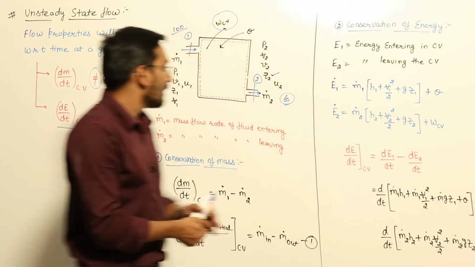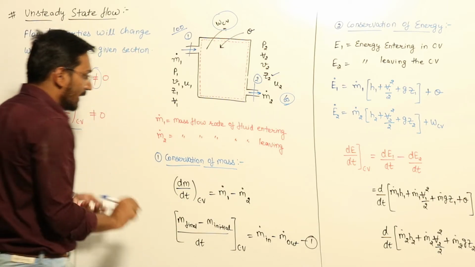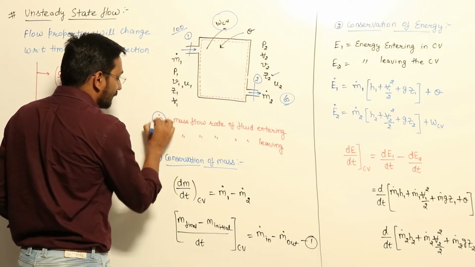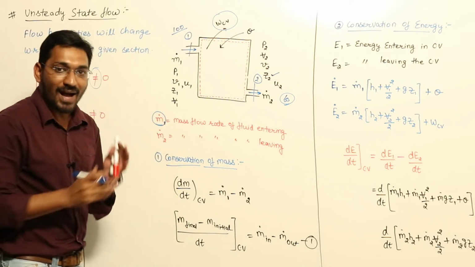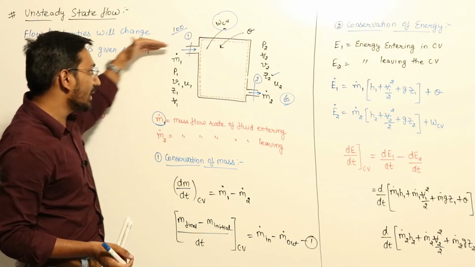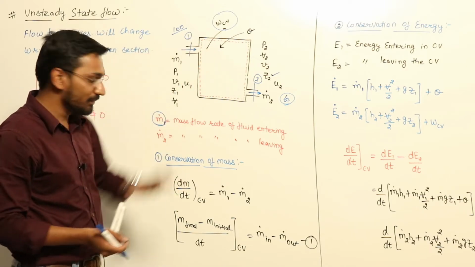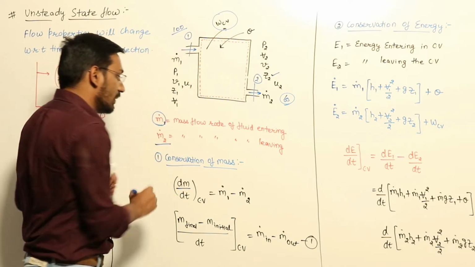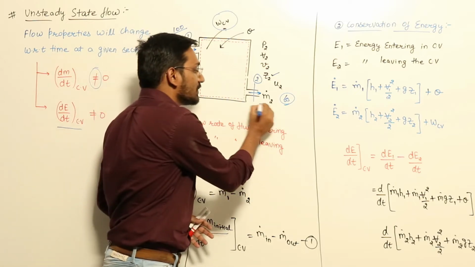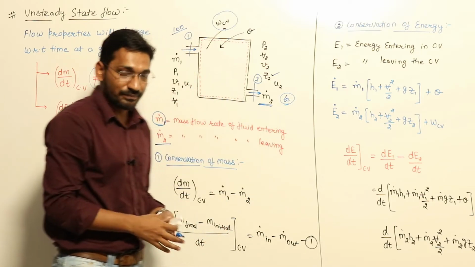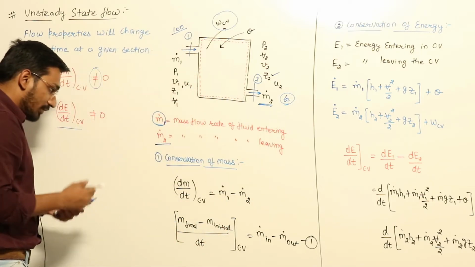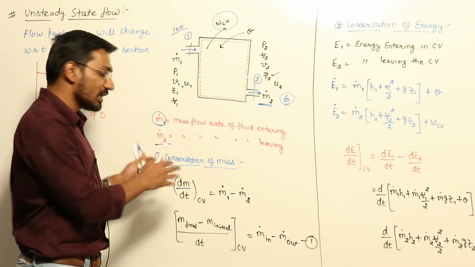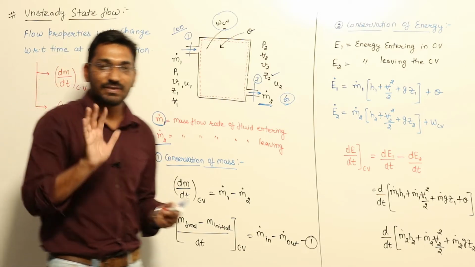So I am assuming, let m dot 1 be the mass flow rate of fluid which is entering the system, and m dot 2 the mass flow rate which is going out of the system. So the first equation is conservation of mass. Mass is conserved, right?